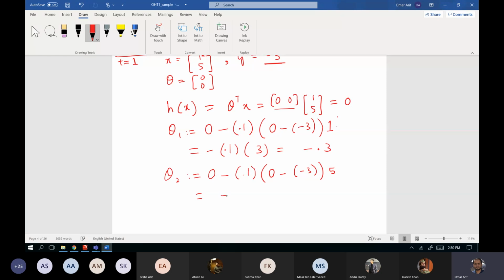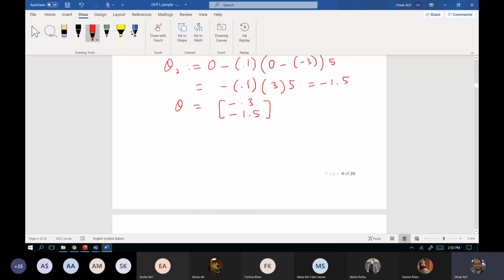So this will result in minus 0.1 times 3 times 5, which is 1.5, minus 1.5. So your theta values after the first example are 0.3 and 1.5.